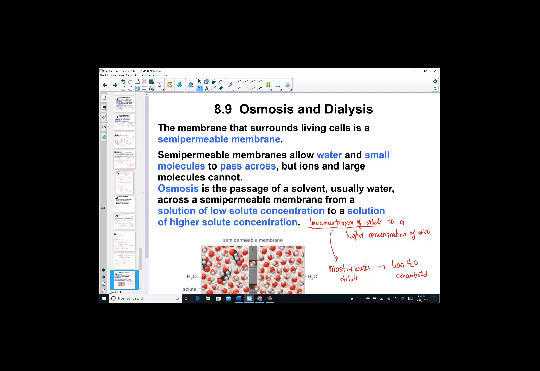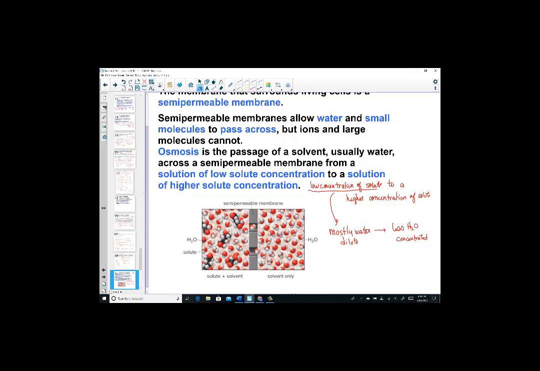So an area of high water to low water is the diffusion process called osmosis, from a more dilute solution to the more concentrated solution until we have an equilibrium achieved. And you can see here we have a solute plus solvent, a semi-permeable membrane just based on the size of those particles, and on this side is the solvent only.